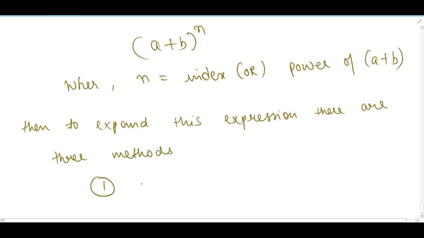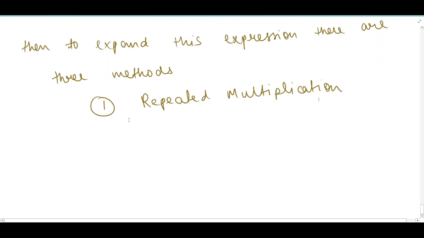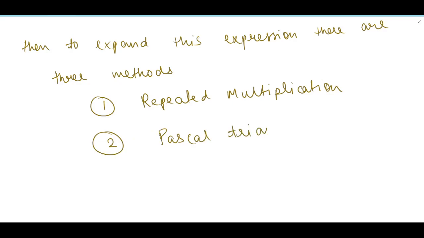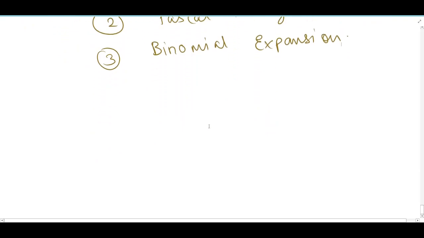First is repeated multiplication. Second is Pascal's triangle. Third is binomial expansion. So first we will look at repeated multiplication.